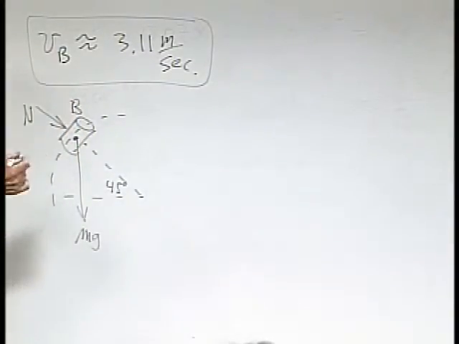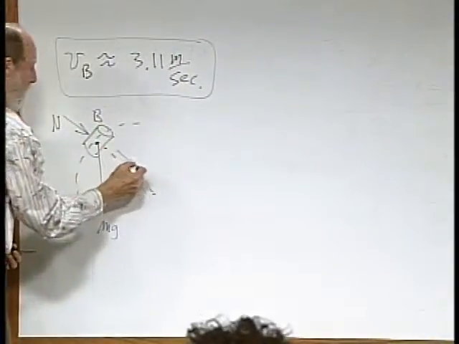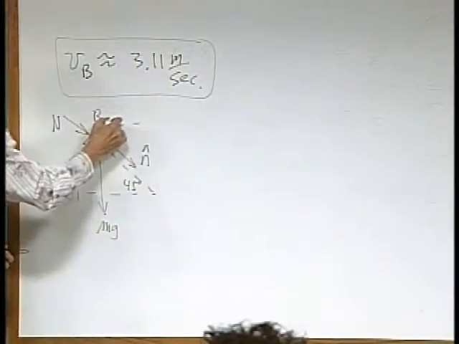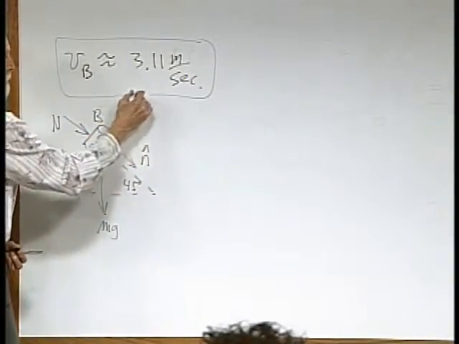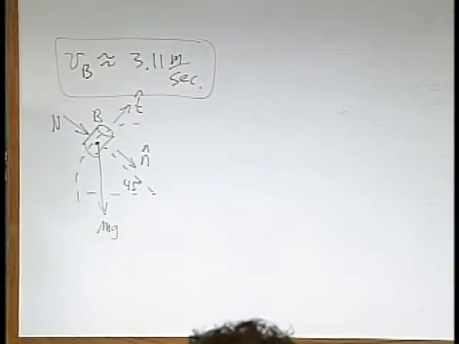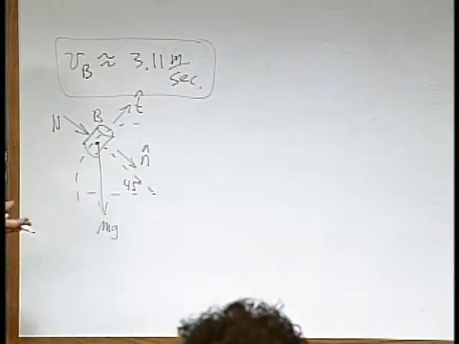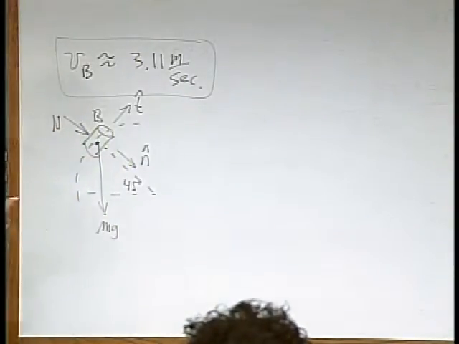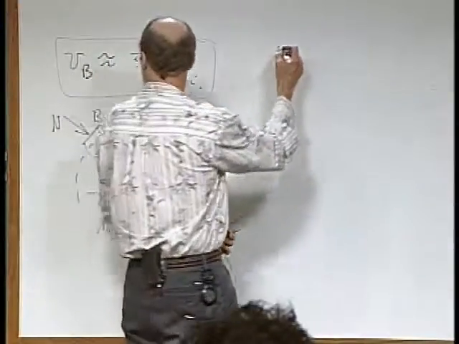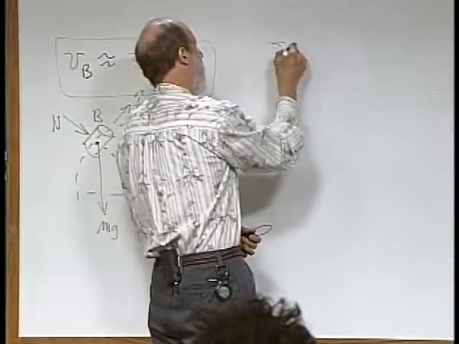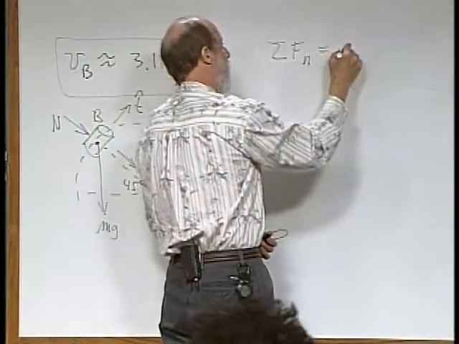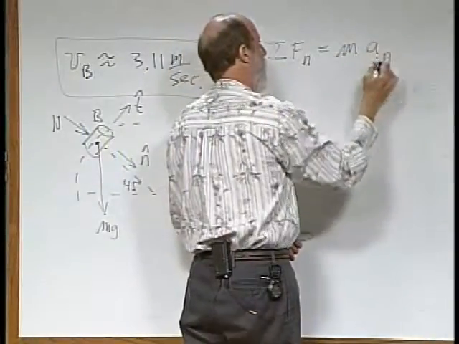So what I think I'll do is use normal-tangential coordinates on there. And then let's write the equation for the sum of forces in the normal direction and see if we can figure it out. The sum of forces in the normal direction must equal the mass times the normal acceleration.